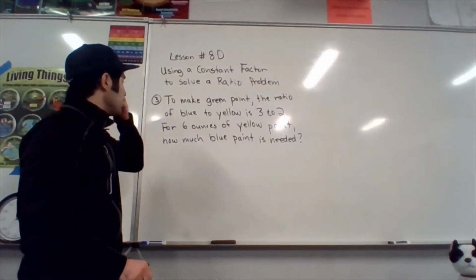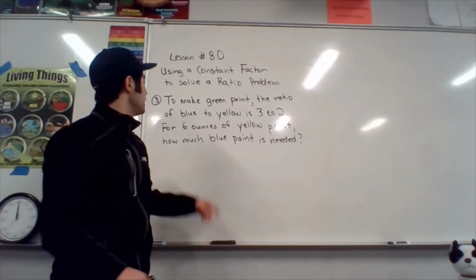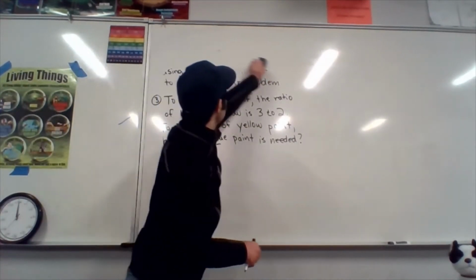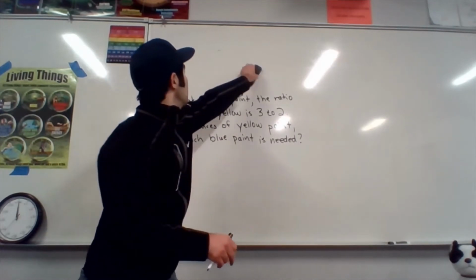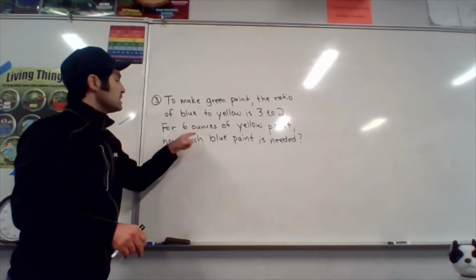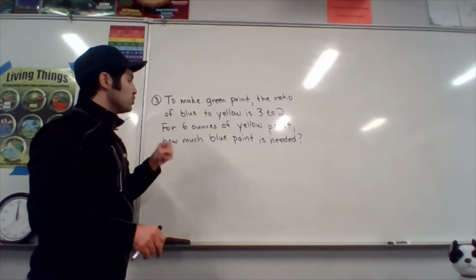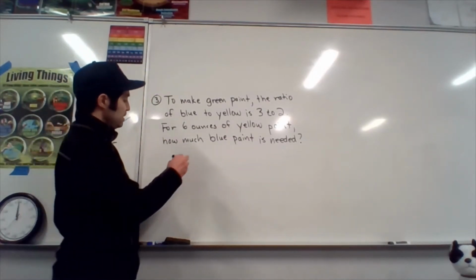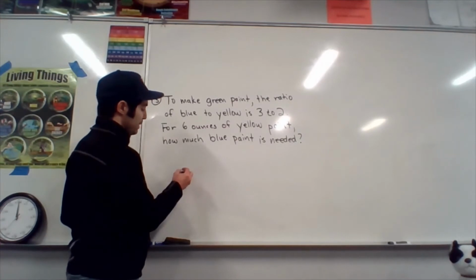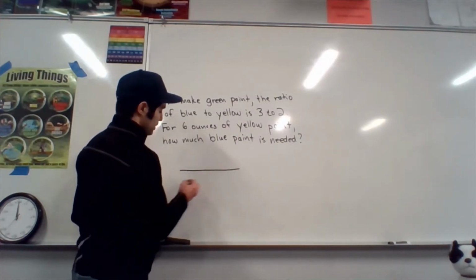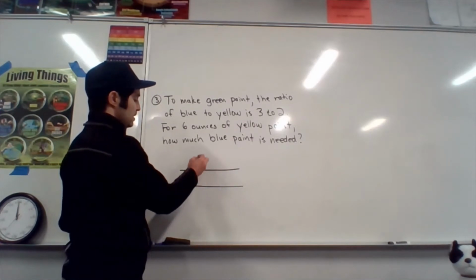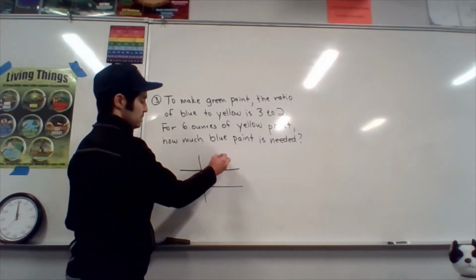All right, so problem number 3. To make green paint, the ratio of blue to yellow is 3 to 2. For 6 ounces of yellow paint, how much blue paint is needed? Okay. So I'm going to do tic-tac-toe math. I want you to draw 2 lines this way and 2 lines this way.